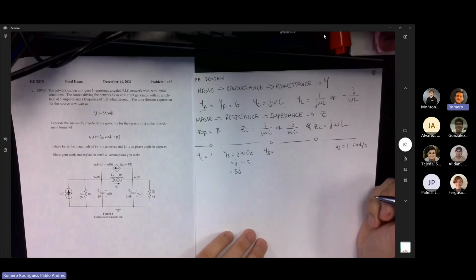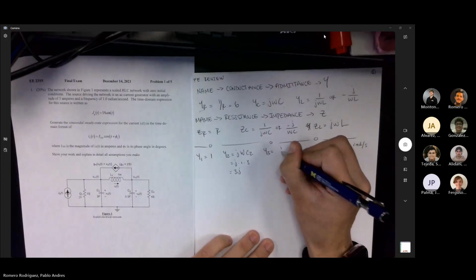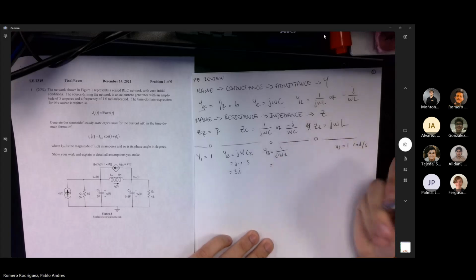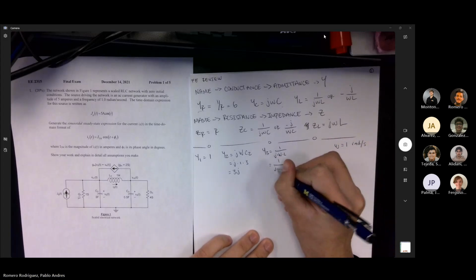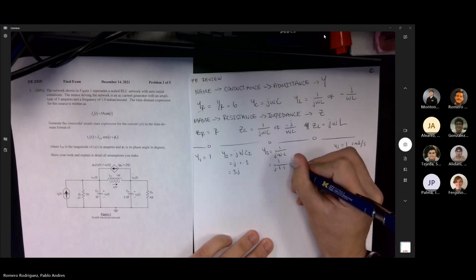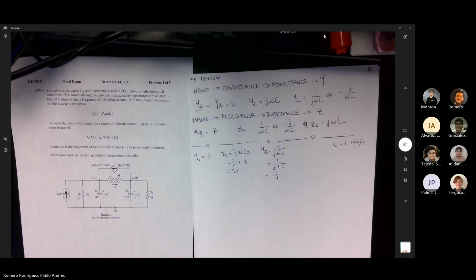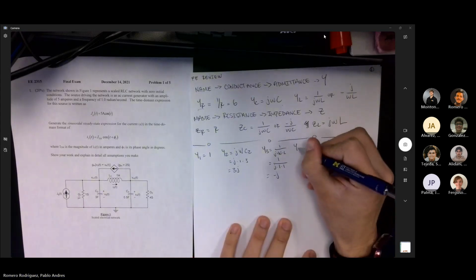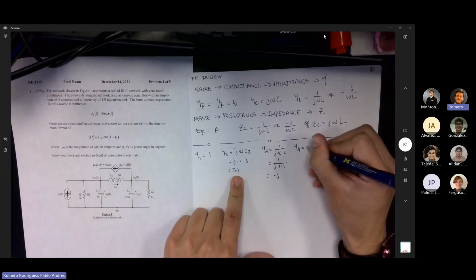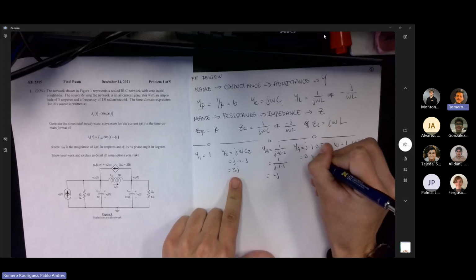Y3, this inductor right here, is going to be 1 over J times omega times L, which is 1 over J times 1 times 1, so negative J. Y4 is going to be this capacitor, similar to this one, J times 1 times 0.5, which is just 0.5J.